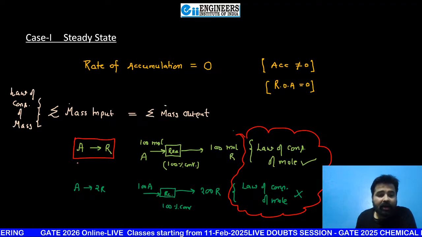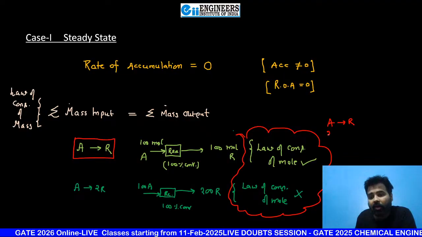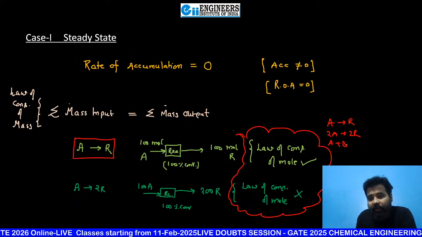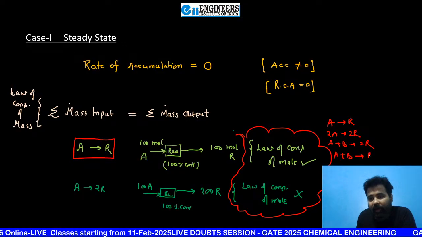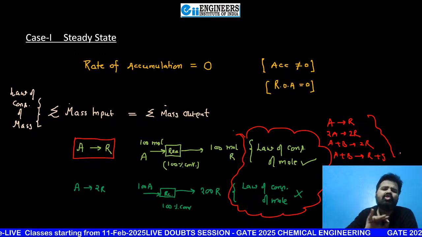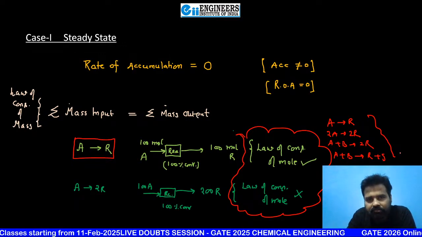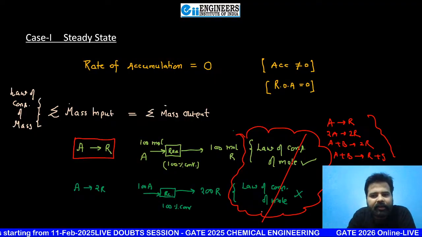Like A is forming R, or 2A is forming 2R, or A plus B is forming 2R, or A plus B is forming R plus S. In these cases, there is nothing like a law of conservation of mole, but you can use this technique.